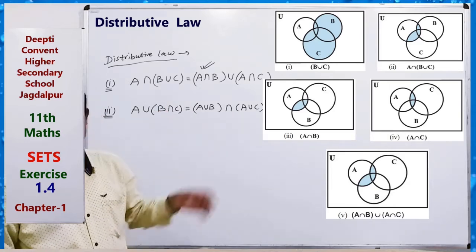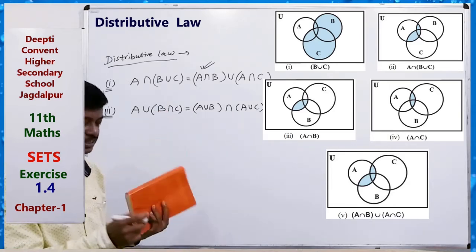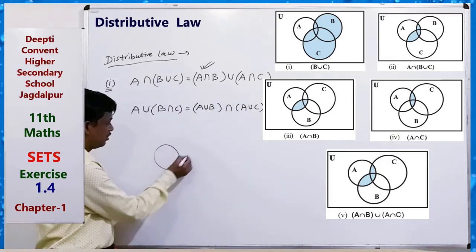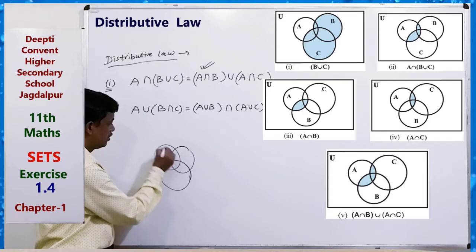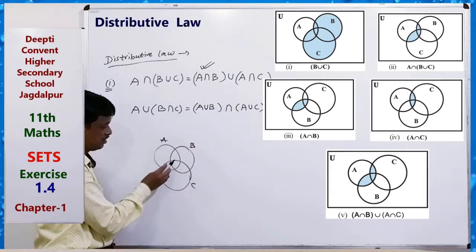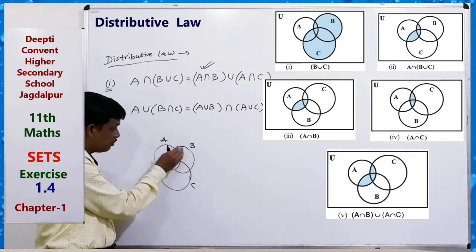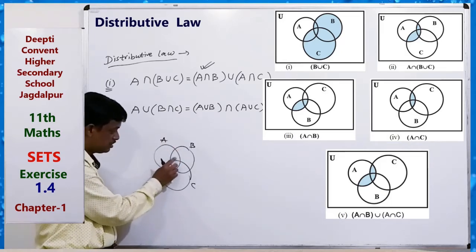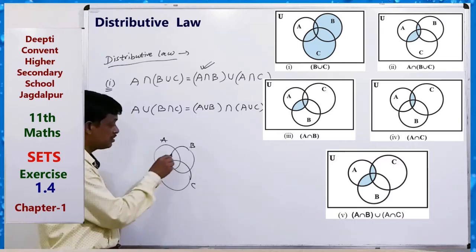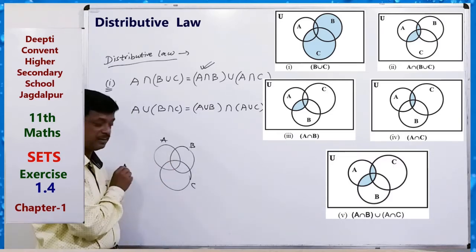Whenever three sets are connected, we draw like this. This is A, this is B, this is C. A union B means completely A and B with all this portion. And A intersection B means this part only.